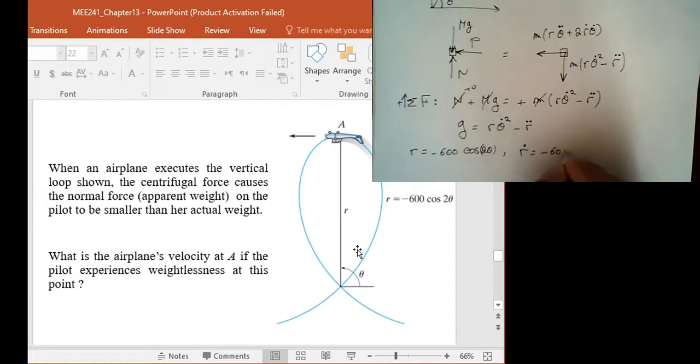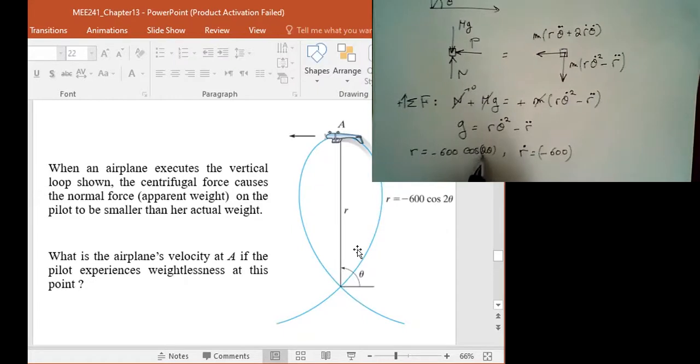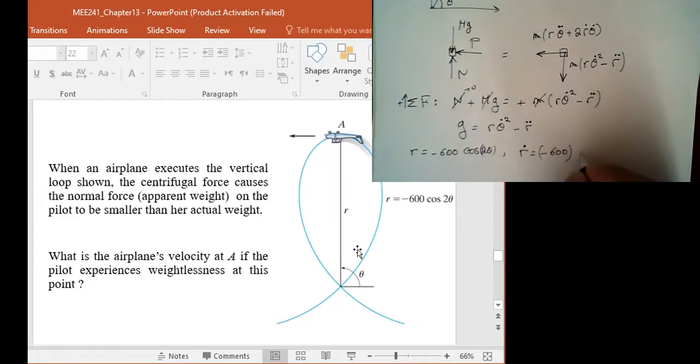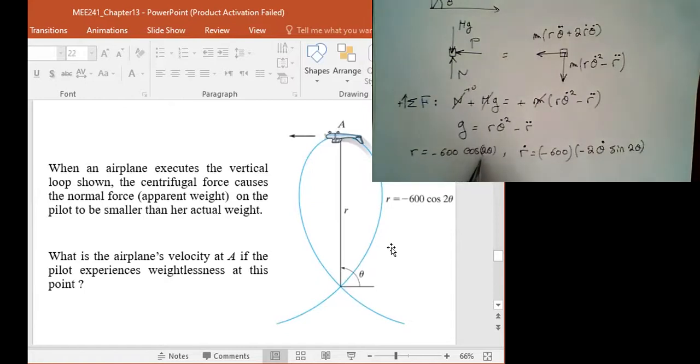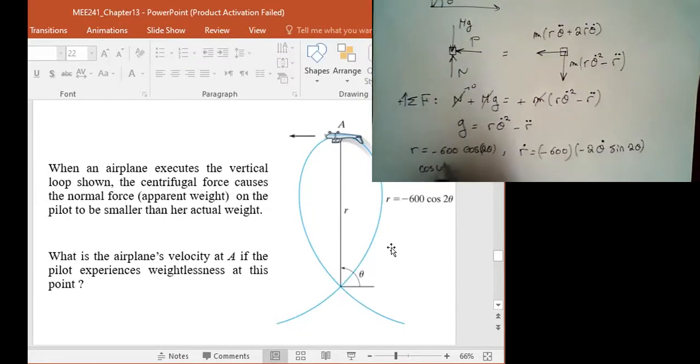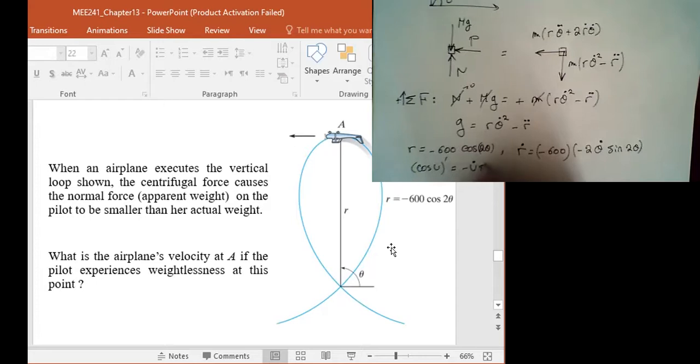So minus 600 times the derivative of cosine 2 theta, which is going to be equal to what? Derivative of cosine is minus, and then 2 theta prime, so minus 2 theta prime sine 2 theta. In general, the derivative of cosine u, differentiating with respect to time, will be minus u prime sine u.